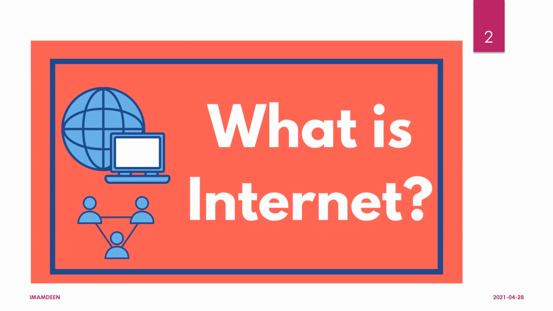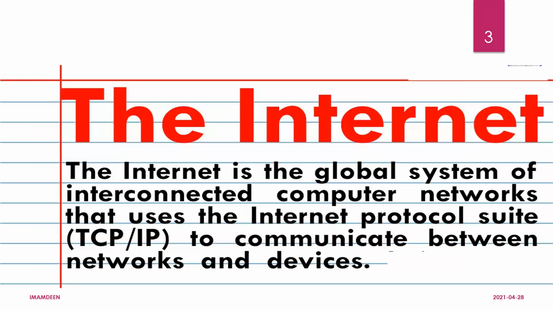So all the computers in the world, end-to-end computers, all are connected, and that is what we call the internet. Okay, so you can take this as a reference. The internet is the global system of interconnected computer networks that use the internet protocol, like TCP/IP, to communicate between networks and devices.